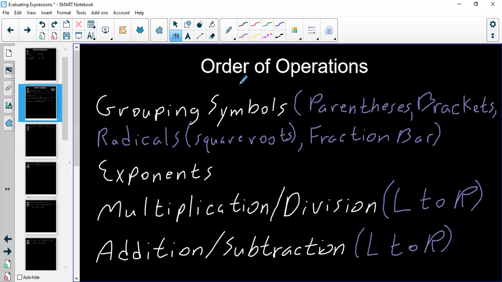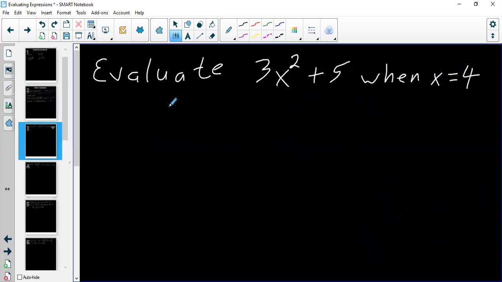All right, so we're going to work through a few of these. So here's the first one. Evaluate 3x squared plus 5 when x is 4. So what we're going to do is we're going to replace x with 4. So this x now becomes 4.